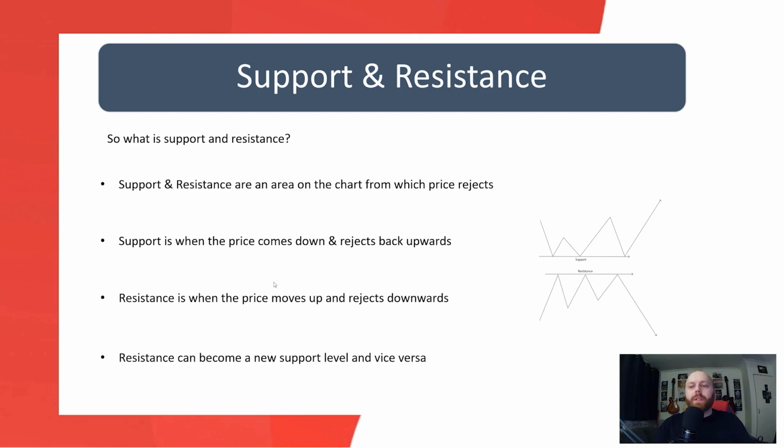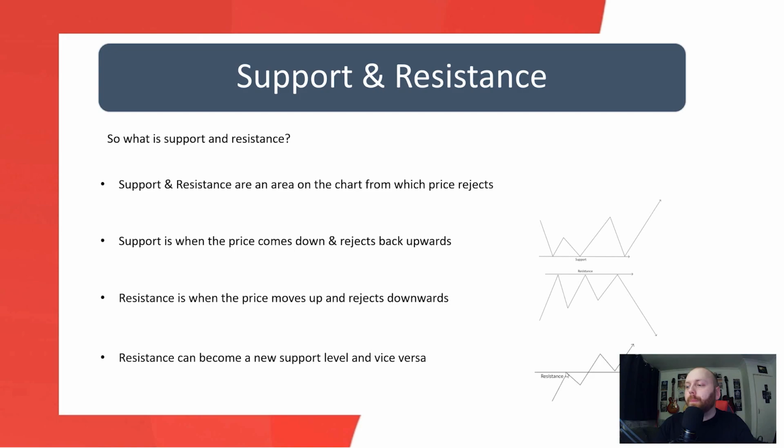So it's important to know that resistance can become a new support level and vice versa. Look at this example I've given here. Let's pretend this arrow is the price movement, and we're in a bull market because we've got higher highs, higher lows. You'll see this in most markets, everywhere when you're looking at charts, whether you're looking at Forex, stocks, even Bitcoin or other cryptocurrencies.